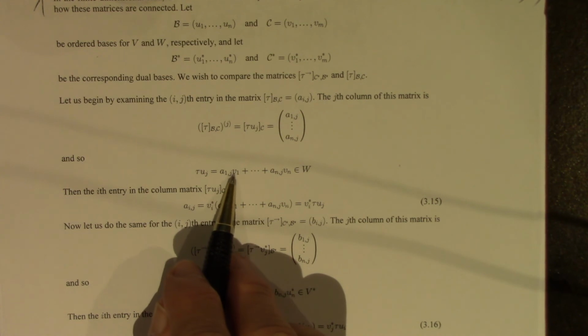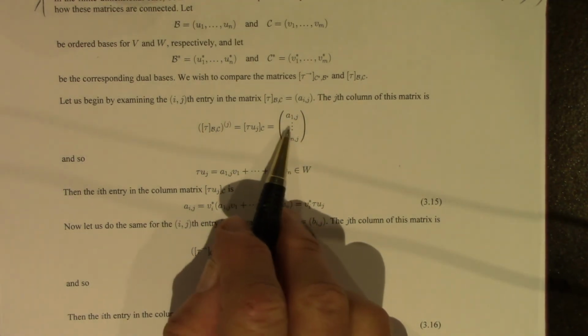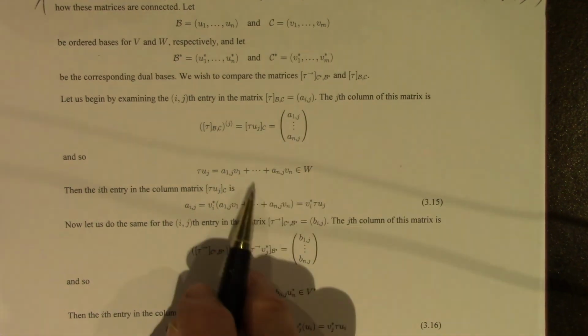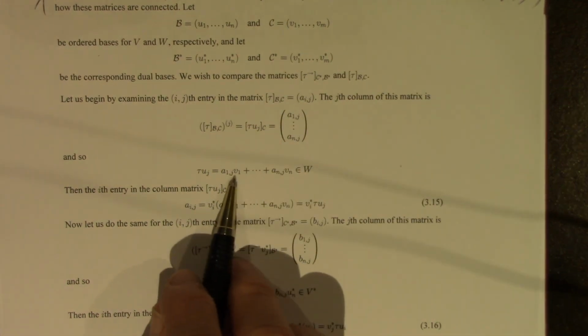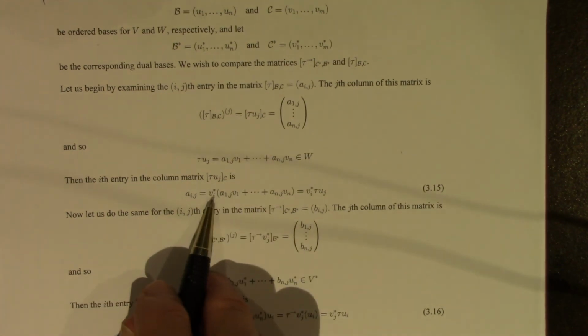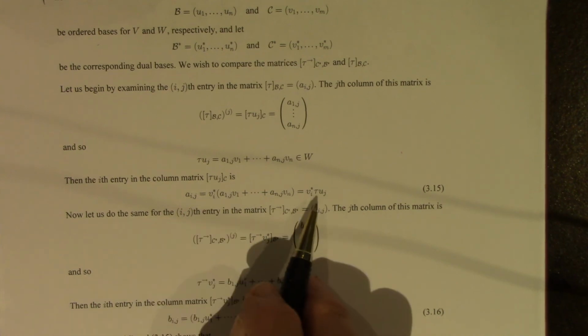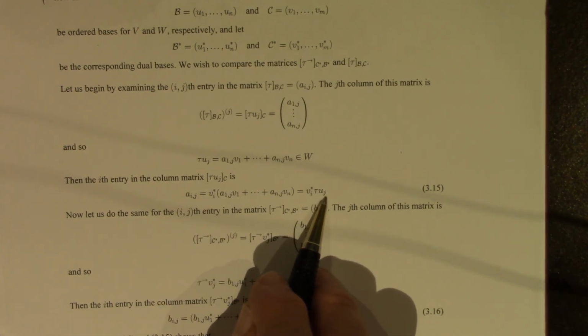Therefore, the ith entry in here, which is aij, is the ith coefficient, the coefficient of vi, and we can pick out the coefficient of vi by applying vi star, the dual basis vector. So aij is vi star of tau uj.